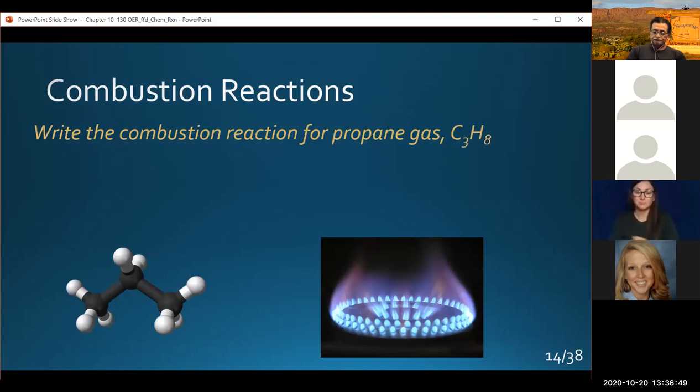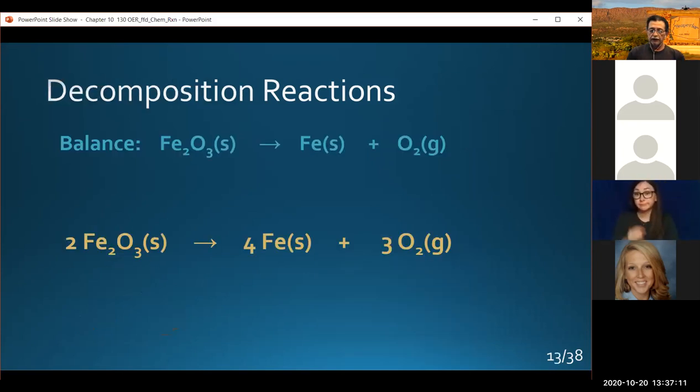Combustion reaction. With respect to the first two examples, as far as balancing, what we do is basically trial and error. Throw in a number, see if that works, move back and forth between reactants and products until you find a set of numbers that will balance that chemical reaction. Now, when you end up with a set of numbers, see if those numbers are divisible. In math terms, bring it to the lowest common denominator.